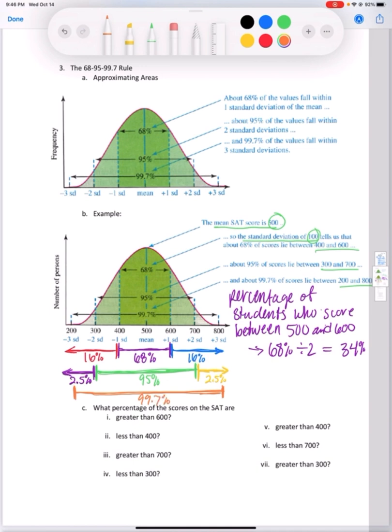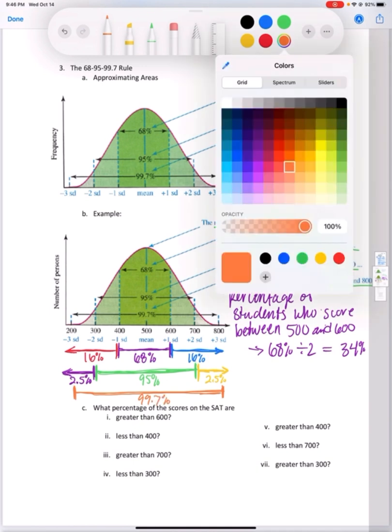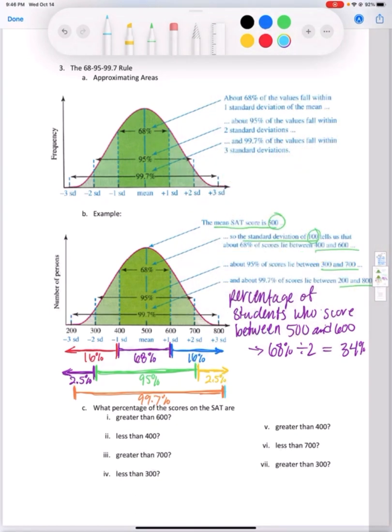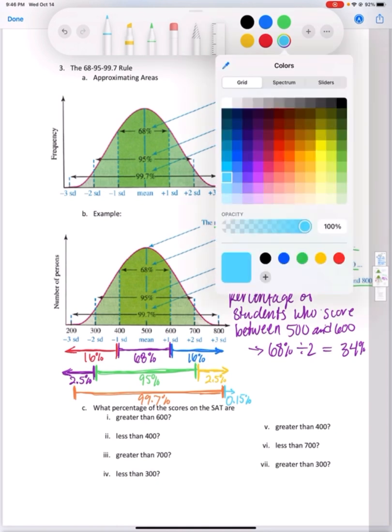Okay, and so we'll use cyan to say that from 99.7 to the end, the difference between 99.7 and 100% is 0.3%, so we can split that into 0.15%. And we'll use kind of a pinkish color, rose color, for this one.